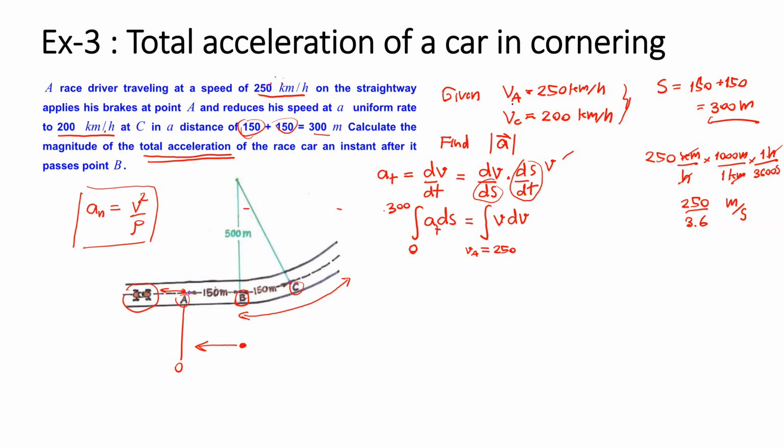So the speed at point A is 250 divided by 3.6. And at point C, the speed is 200 divided by 3.6. This is the limit of the integration.